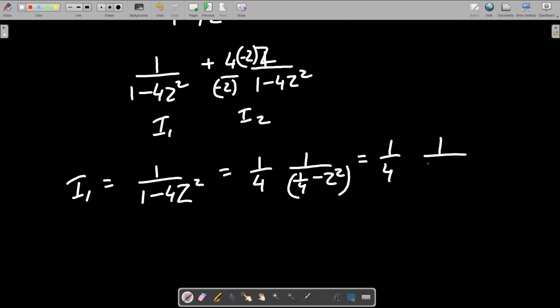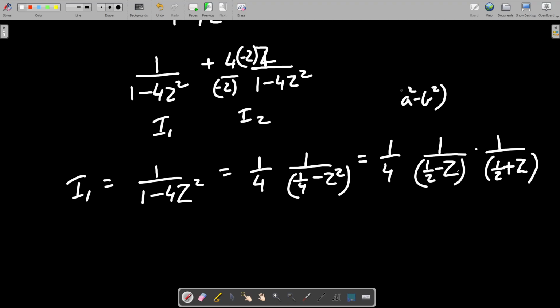This can be written as half minus capital Z into half plus capital Z. Okay, which formula did I use here? A square minus b square is equal to a plus b into a minus b. Clear?